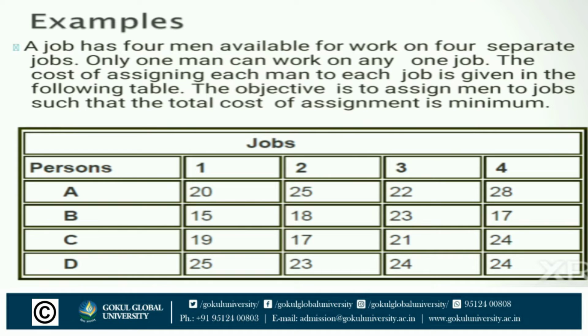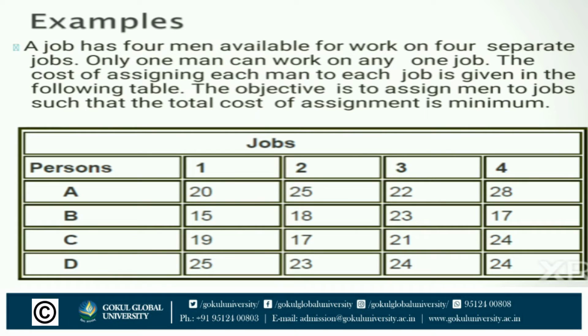Now we choose the smallest element of each row and make a zero. See, the first row does not have a single zero, so make a zero in the first row, second row, third row and fourth row.